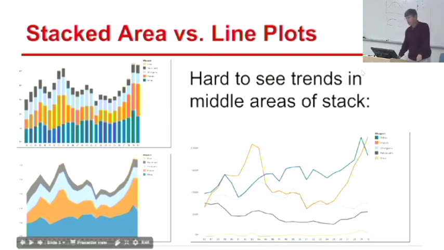Another class of plots that you sometimes see are what I would call stacked area plots. So let's say this plot has to do with weapons. How many different kinds of weapons have been sold? This is a time series of how many weapons were sold each year. You can buy revolvers, shotguns, pistols, rifles, all kinds of good things, right?